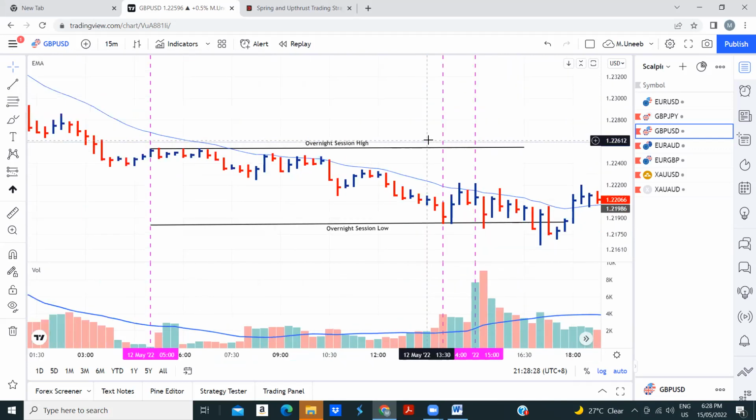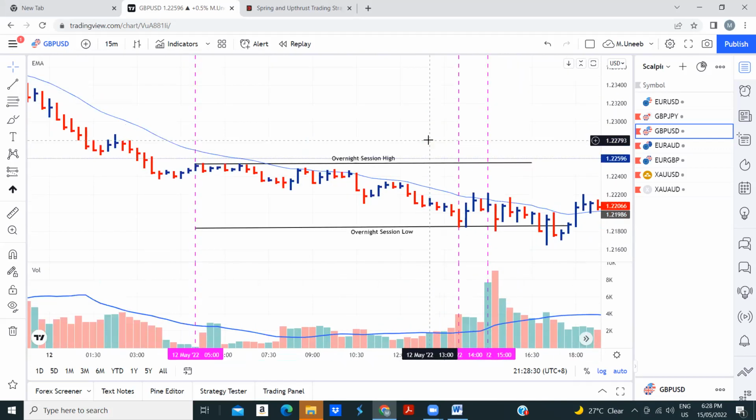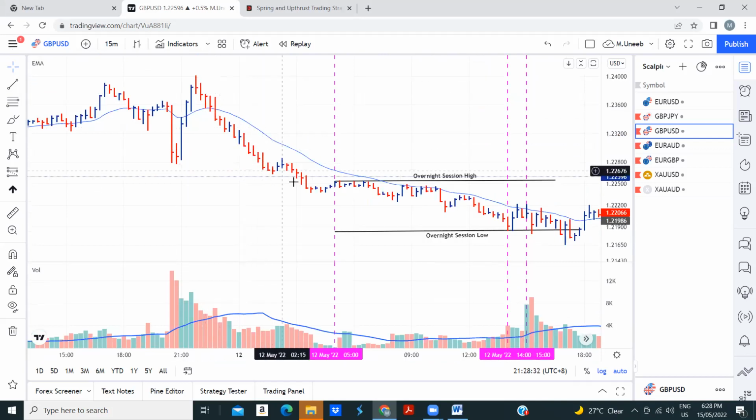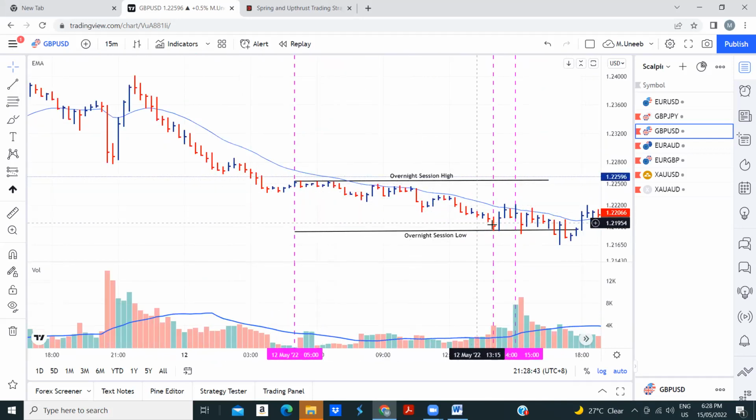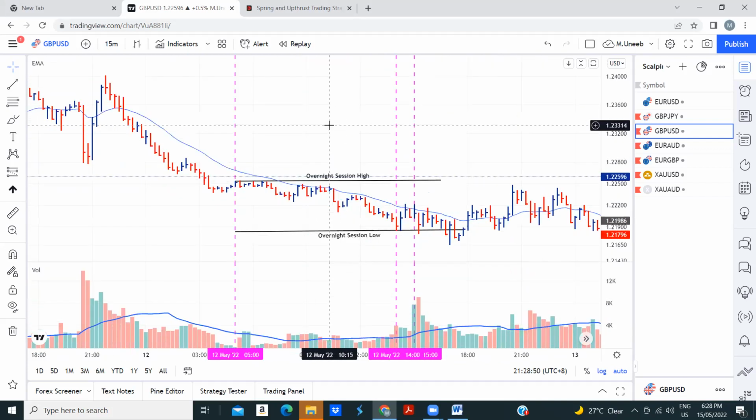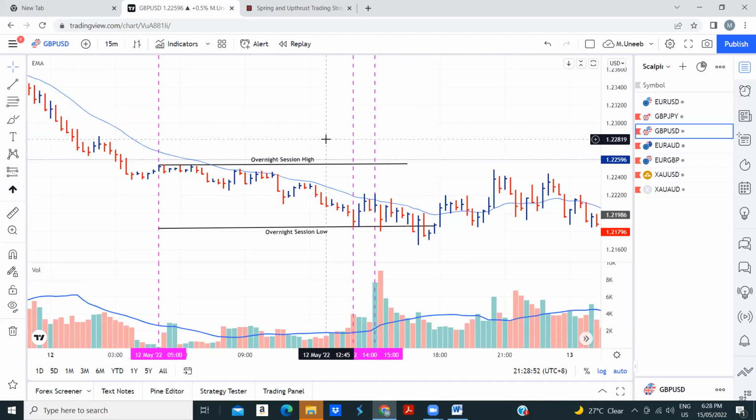Now what you're gonna do? The next step, faster. You're gonna identify how the price is coming. So this was a downtrend, and during the overnight session, what do we notice? The price is still going down during the overnight session, high and low. Yeah. Right. So what is the bias here? We don't know yet, right? Bearish.